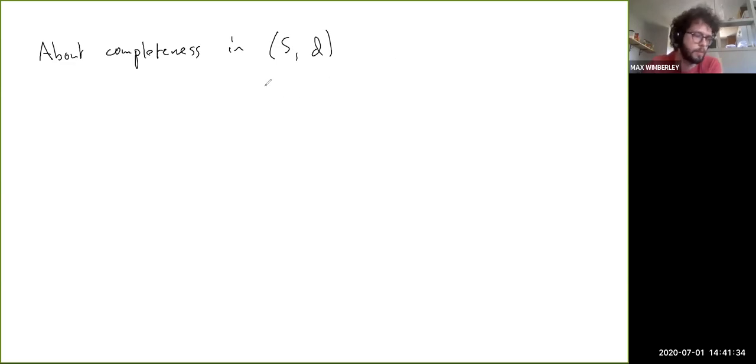So if I refer to the metric space R, for instance, I'm talking about R with the Euclidean distance function, or R2, the plane with the Euclidean distance function, R3, and so on. If I talk about Rk as a metric space, it's assumed that the distance function is the Euclidean function, unless otherwise specified.